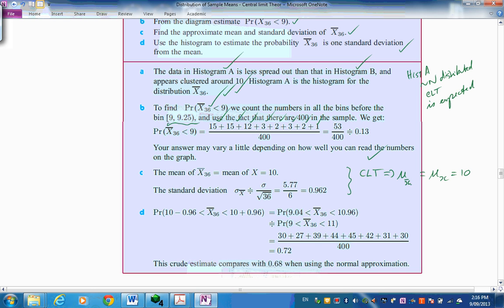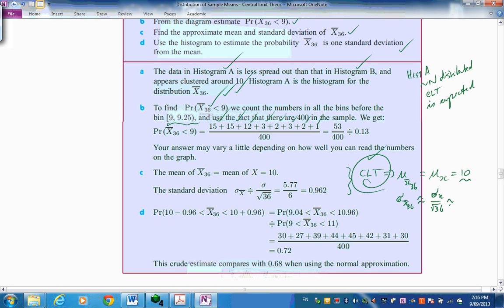In other words, the mean of the distribution of all the possible samples of size 36 will zero in on the mean of the original values, and the sigma of X bar 36 will be approximately the sigma of the original x's divided by root 36 under the central limit theorem, as long as n is sufficiently large.